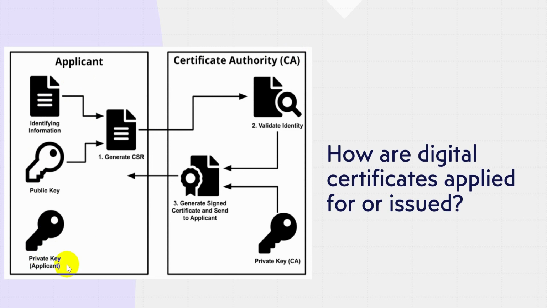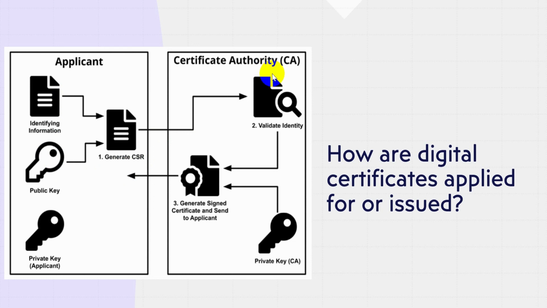It keeps the private key to itself and puts the public key with some identifying information, such as their name, their domain name, their address, and other information to prove who they are. They put that with the public key to generate a CSR file, and they send the CSR file to the CA.